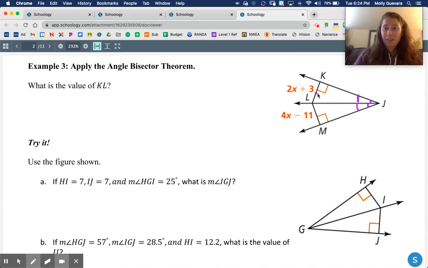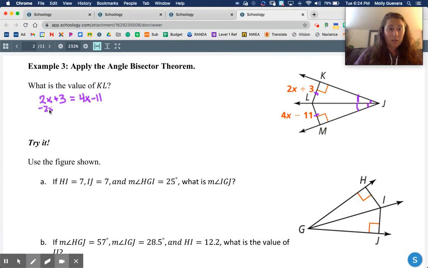That tells me that the length from L to K is the same as the length from L to M. So since those lengths are the same, one of the lengths is 2x plus 3, and the other length is 4x minus 11. And since they're the same, you set them equal to each other.